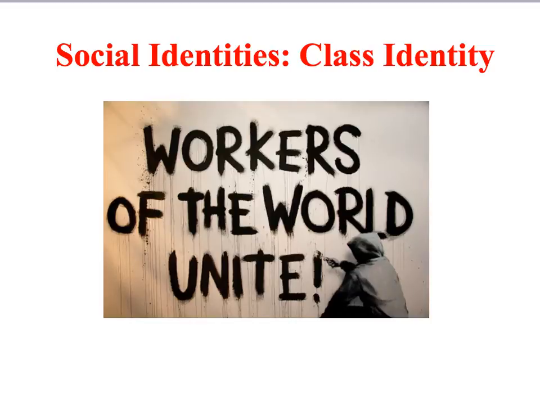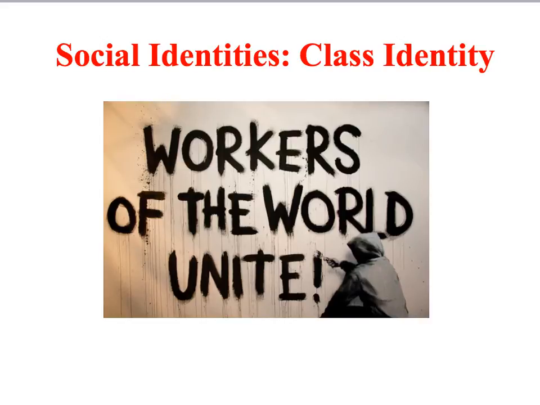Class is actually a much wider idea than money and possessions. When we think of social class, we should also think of the social and cultural features of social classes that relate to our identity. So we should see social class as having its own special identity, its own set of values, its own lifestyles and habits.